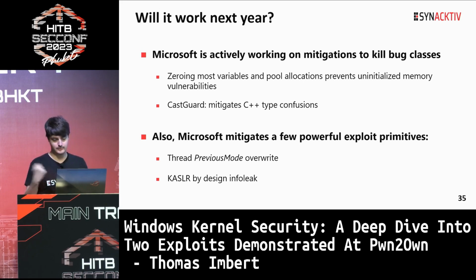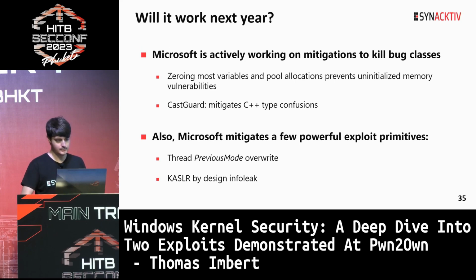So they are investing a lot to kill bug classes, but also they are investing some time to kill exploit primitives. So the thread previous mode overwrite doesn't work anymore. It was a technique to get arbitrary read and write just by writing a 0 in the previous mode field, and the thread will be considered kernel, and you will have all the write access on kernel memory.